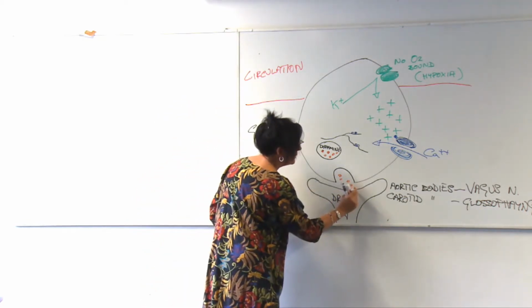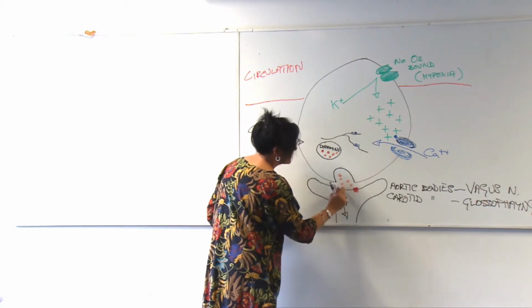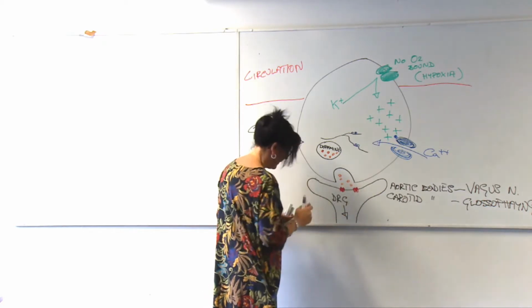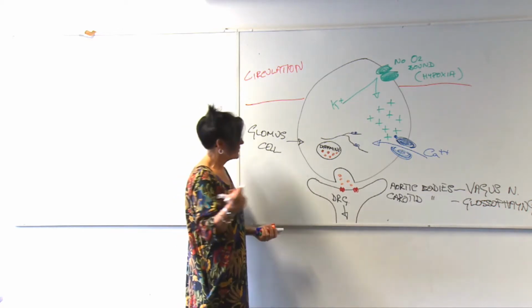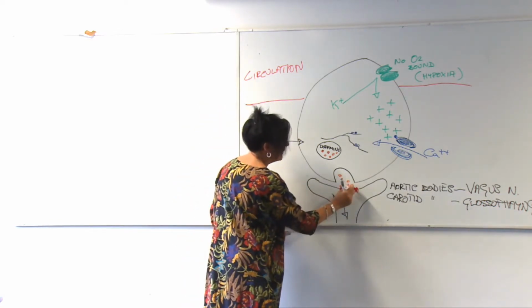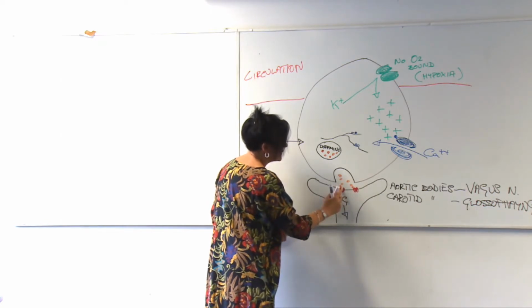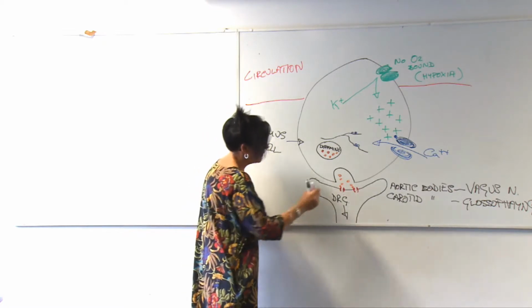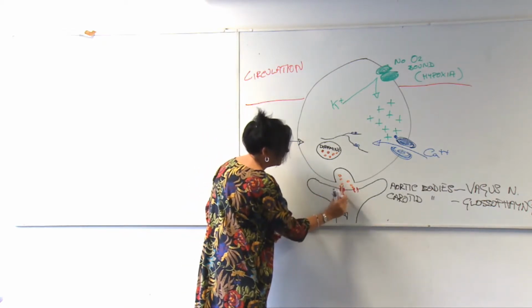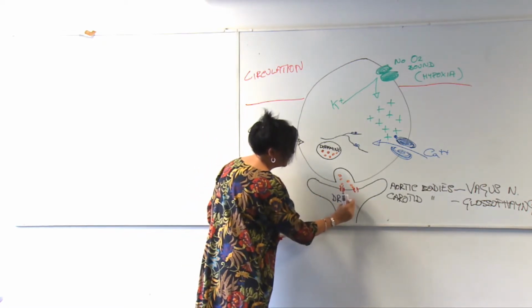So here's our little sodium channels. And dopamine binds to those ligand-gated channels. When that happens, our sodium channels open. And of course, as always, we get an influx of sodium.